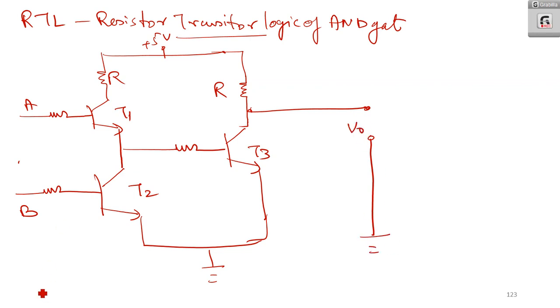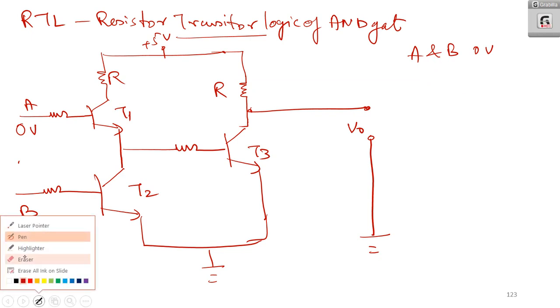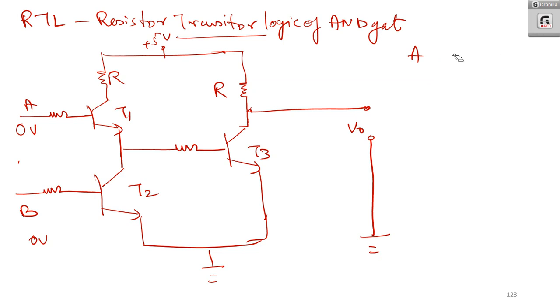Now here what happens? 0 volt I have explained. When A and B is 0 volt, what happens? I will write it as a truth table in the case of transistor biasing.